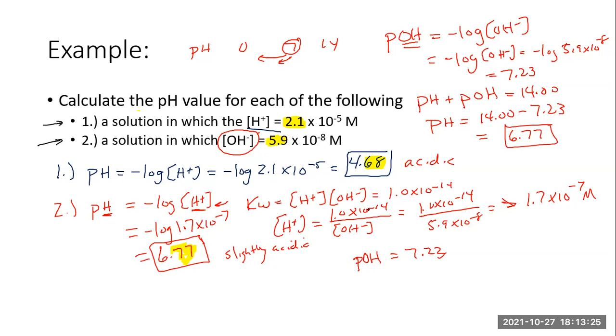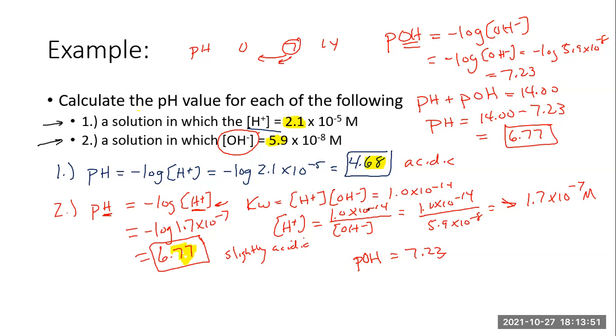So you do want to be careful that you are using the correct concentration when you go into these, and not just blindly plugging and chugging, and that you don't actually calculate the pOH versus the pH. Any questions on that one there?